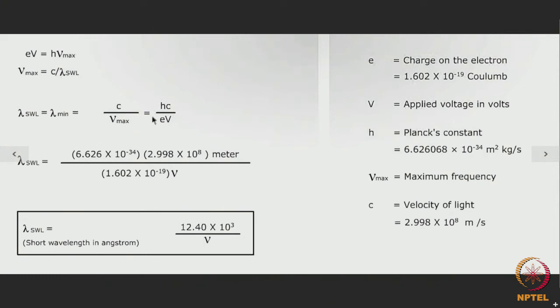And so, if we put the value of Planck's constant, the velocity of light, the charge of the electron, and the voltage we use, we can find lambda SWL in angstrom will be equal to 12.4 into 10 to the power 3 divided by V, where V is the applied voltage in volts. So, you see that for any particular applied voltage, you can find out what should be the lambda SWL, or the short wavelength limit.